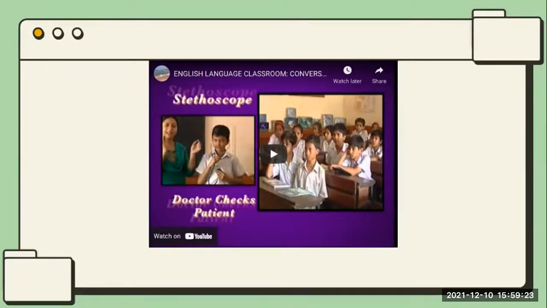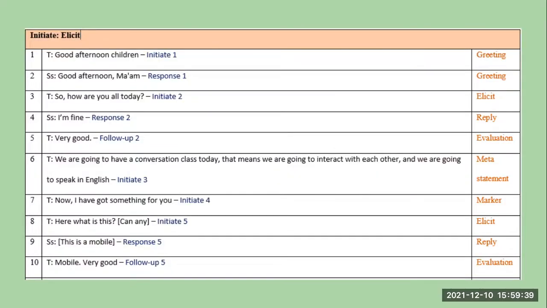All right, let's go to the analysis. Next slide. Okay, I'm going to explain the first, which is the greeting, and then the second, meta statement, and the marker. If you realize, when the teacher greets the students, this is considered as initiate, which is a greeting from the teacher.